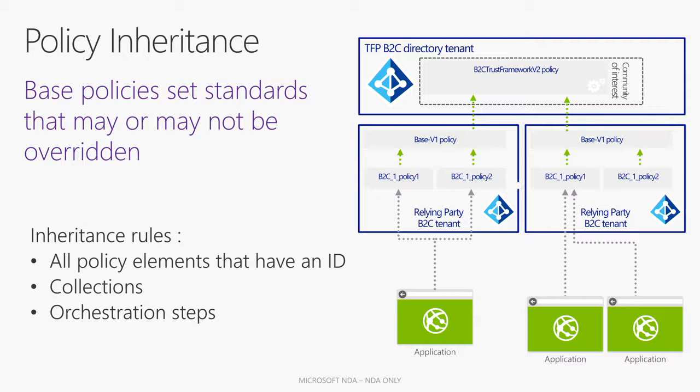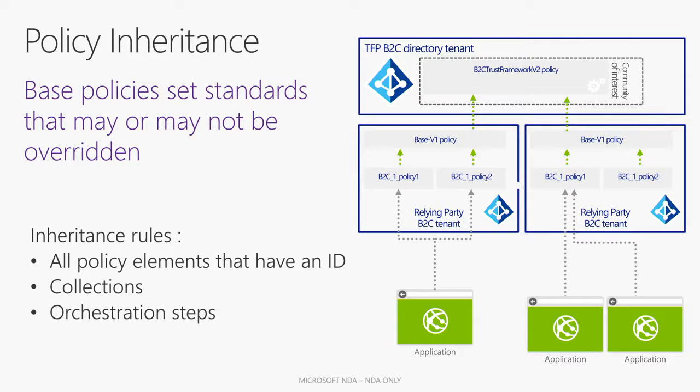It's possible you can author one huge policy which will have everything from the user experience to how the token is minted, which protocol is used, what relying party uses, how you're going to federate with another identity provider. All of that is possible to put in one policy. But typically, the way we have seen it work effectively in practice is that it helps to isolate each one of them. So due to that, very early on, we built inheritance into the system.